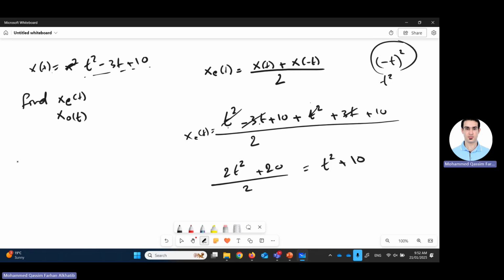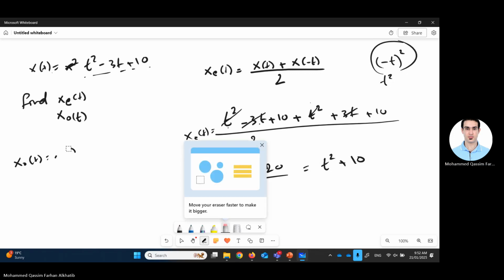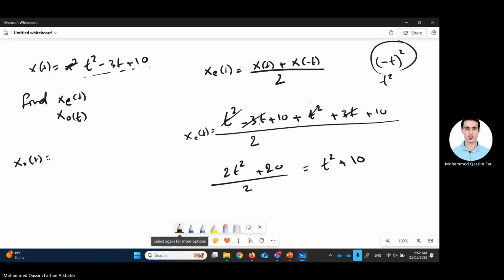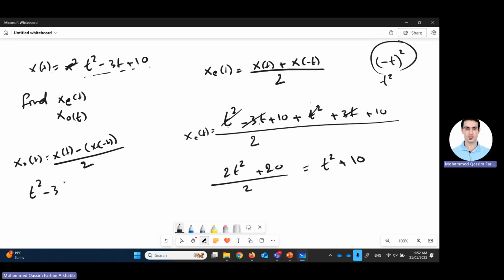All right, x odd. X of t minus x of minus t over 2. So x of t, I'll write it as it is, t squared minus 3t plus 10, minus.